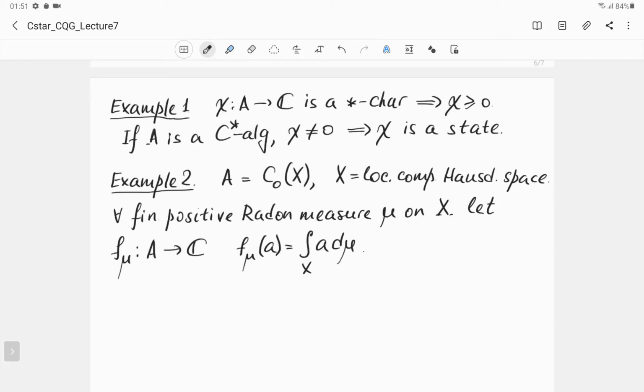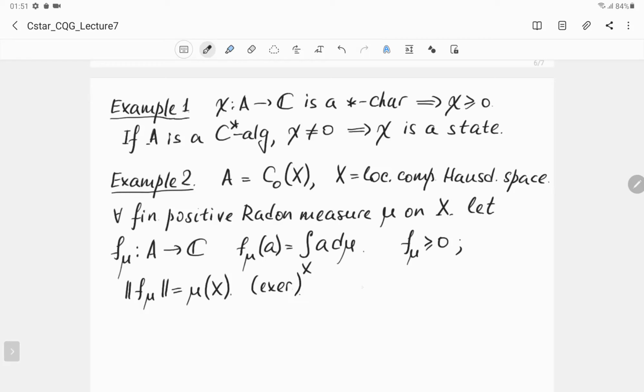And clearly this is a positive functional. If A is non-negative, then the integral is also non-negative. Also, it is bounded, and its norm is nothing but mu of X. This is a simple exercise.